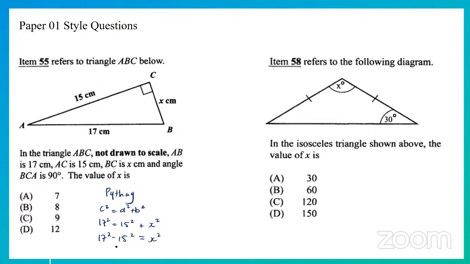And with that said, we can find the value of x. So you can square 17 on the spot and square 15 and subtract your results, and then you can find the square root of that. But for time, I'm just going to do that part on the calculator.